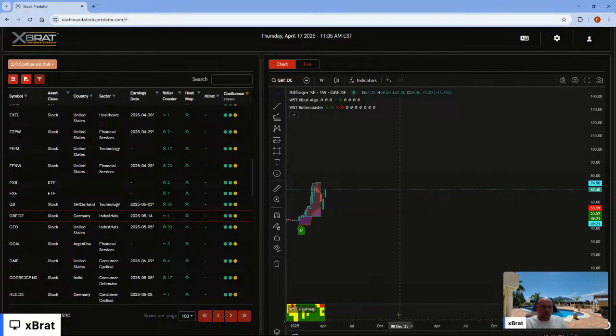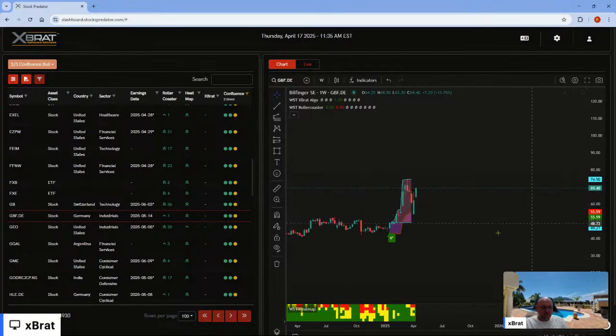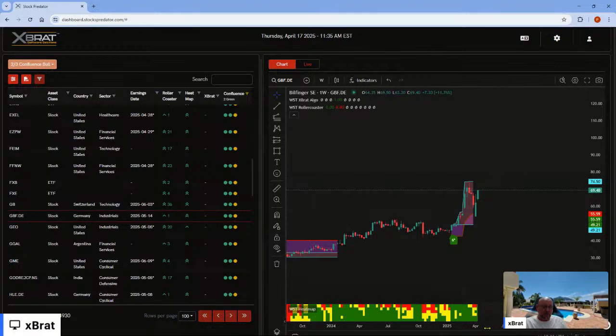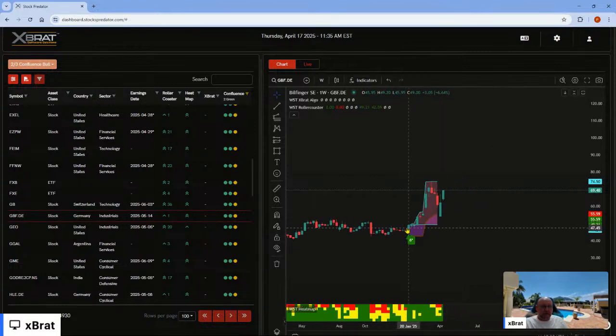We can see on the weekly, as an investment, this confluence came in January. Yeah, January 2025, so only a few months ago. And this buy was around 49.81, and we're at 69.40 now. That is a good bit of investment.